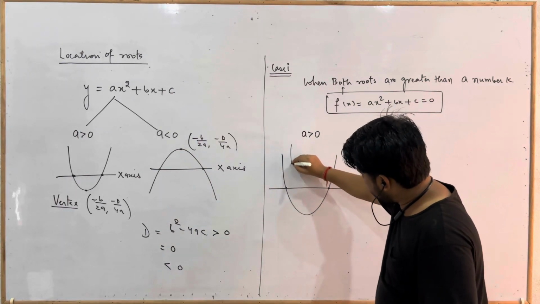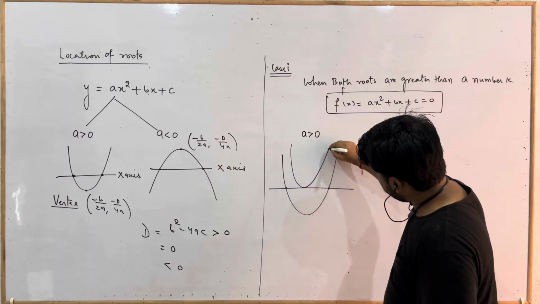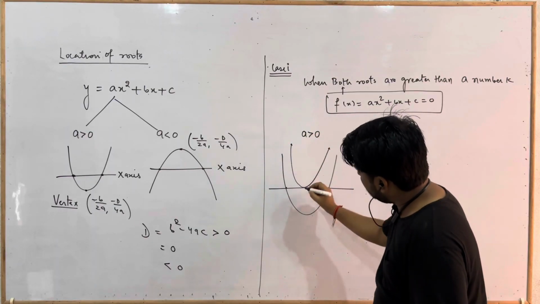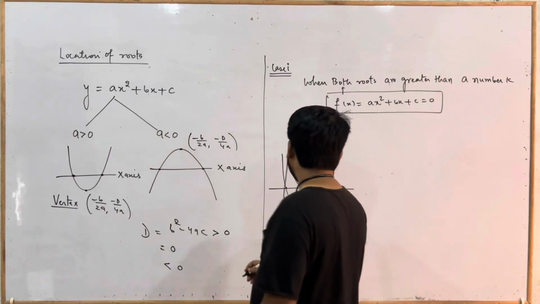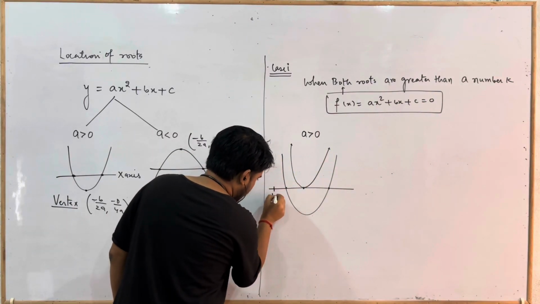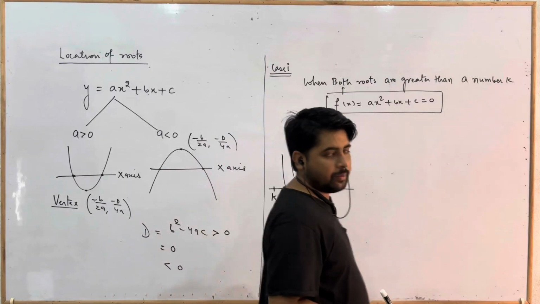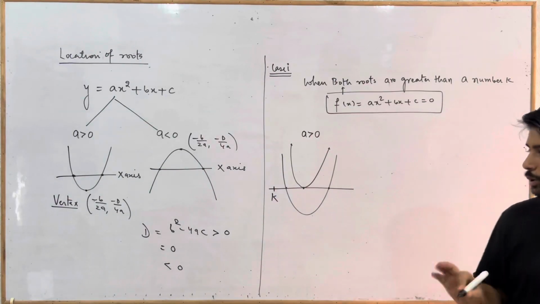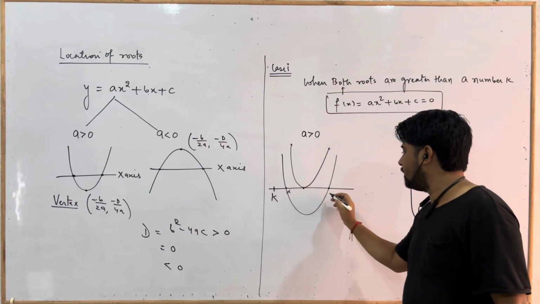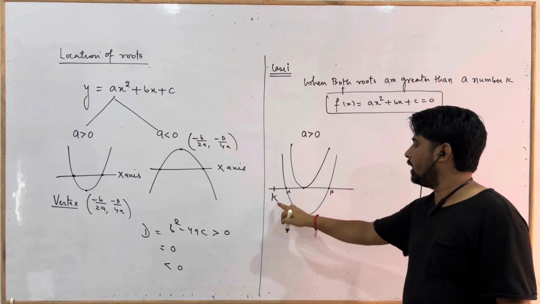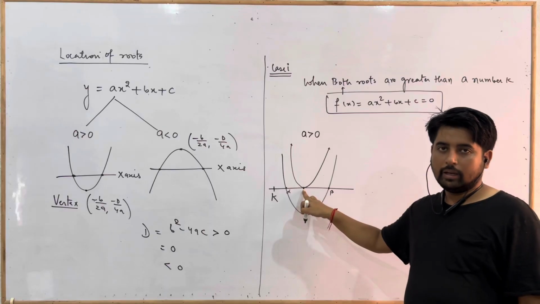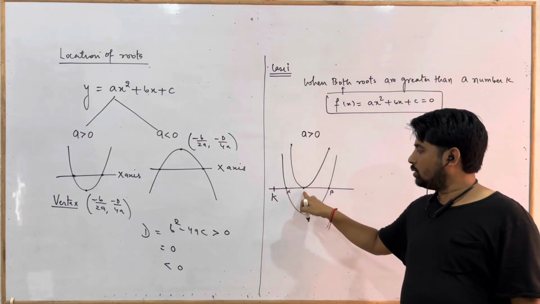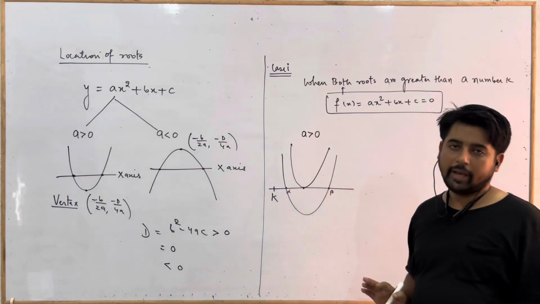This is the upward parabola, and these are the roots of this graph, and both roots are greater than a number k. This is alpha, this is beta, so both roots are greater than the number k. In this case also, the roots are real and equal, and these roots are greater than number k.